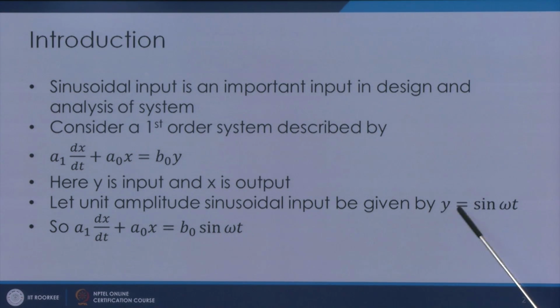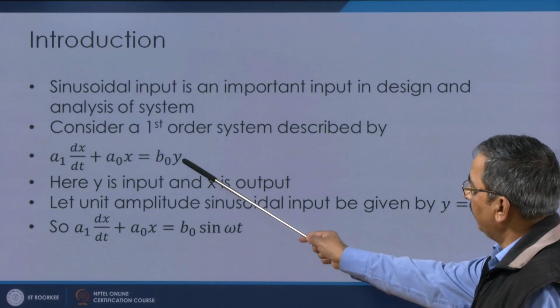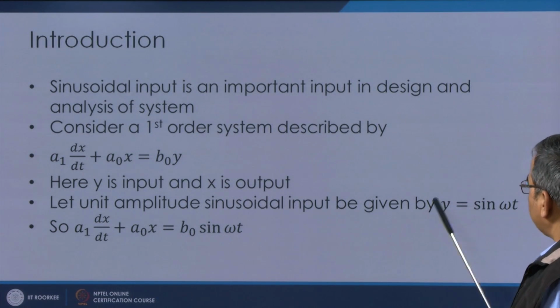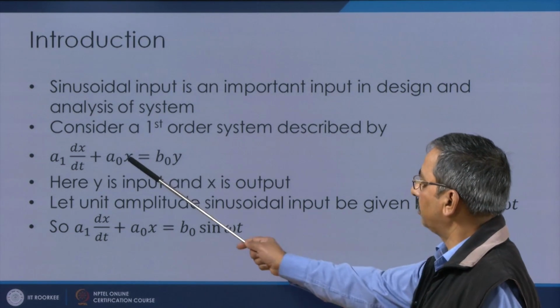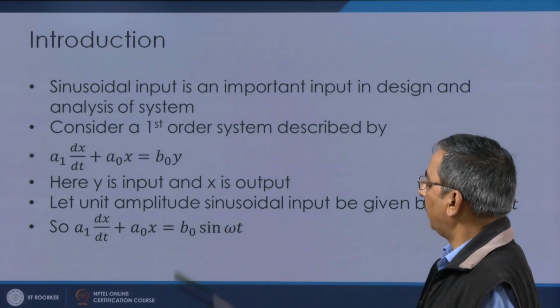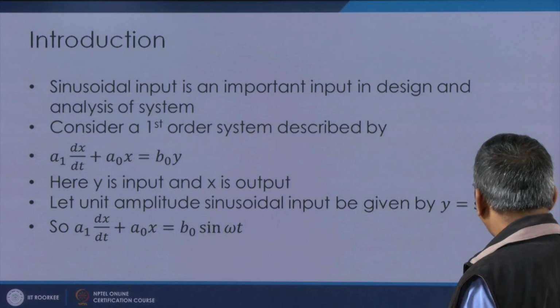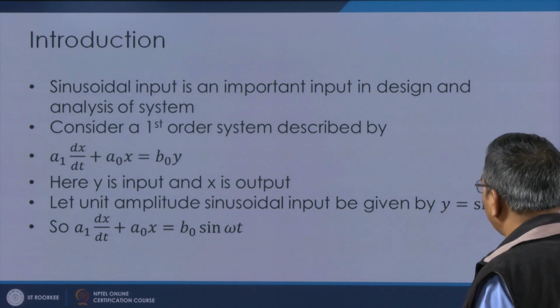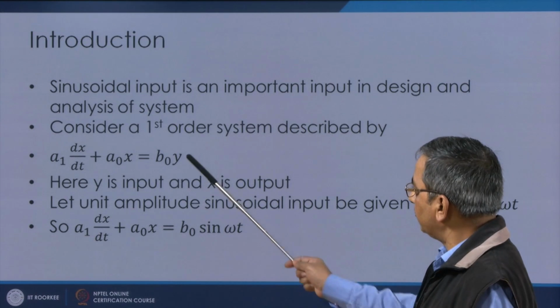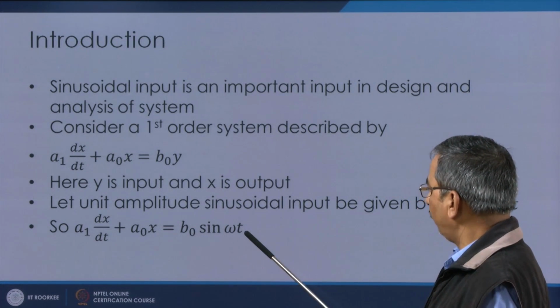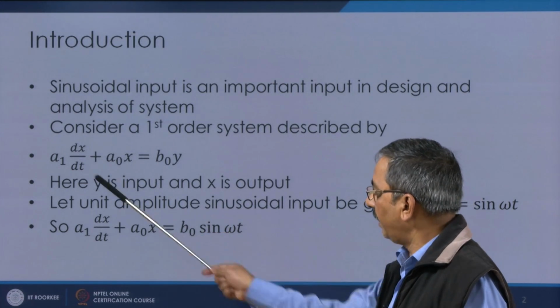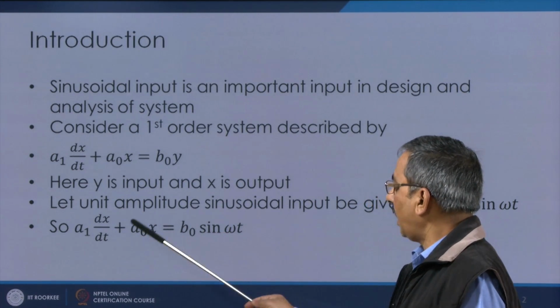Now when this system is subjected to this input, our interest is to see how we can determine x. I can substitute y is equal to sin omega t in this expression, and this is what we get: b0 sin omega t, and of course my left hand side remains as it is.